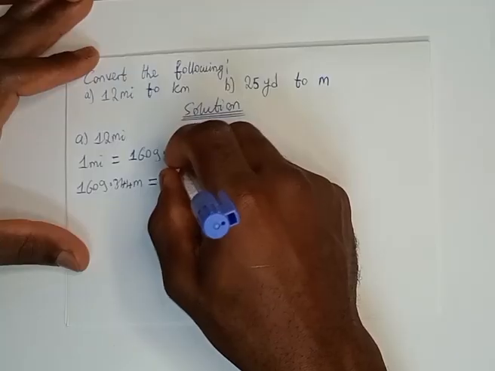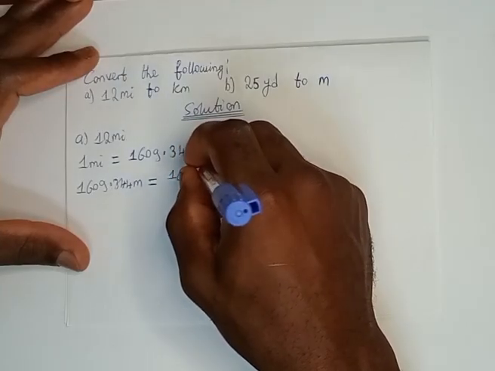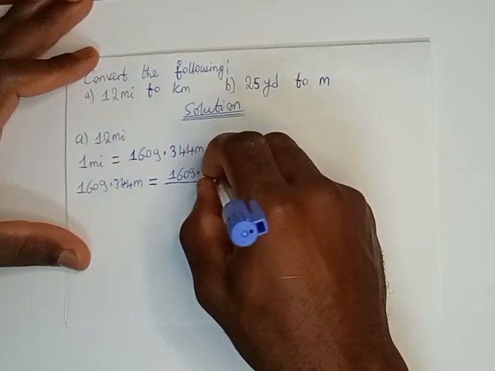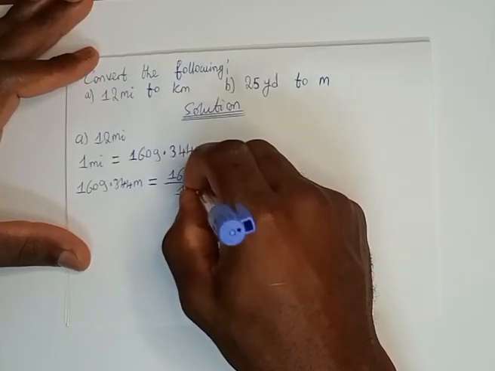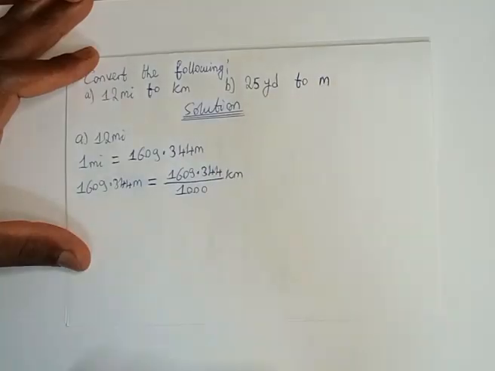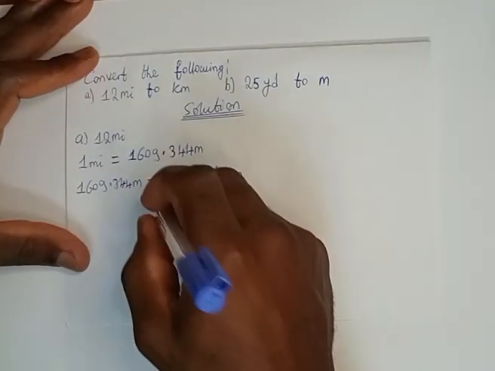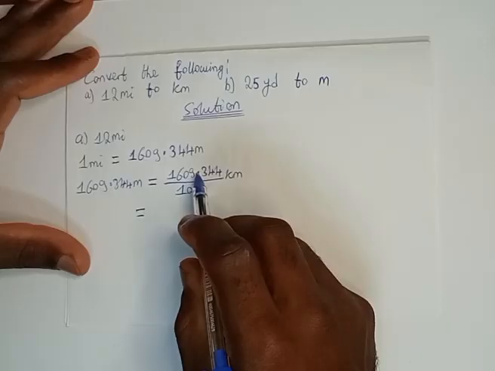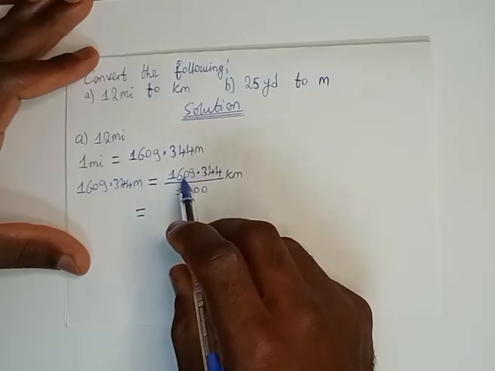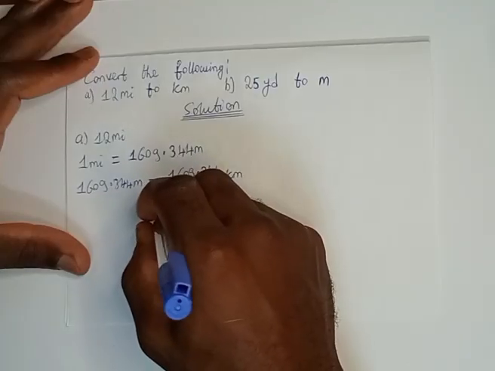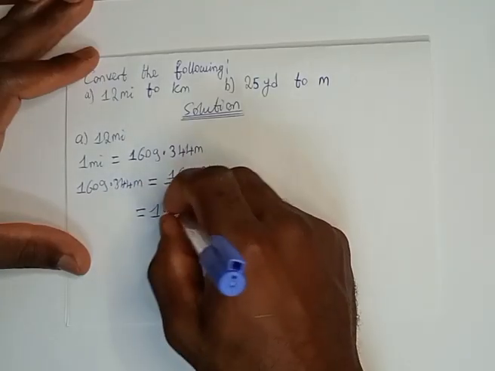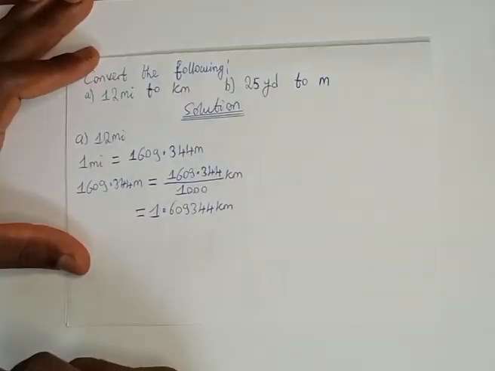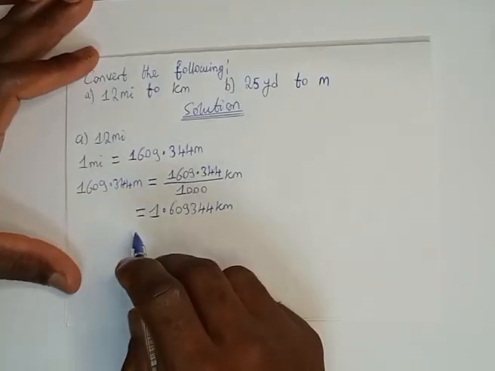This will give 1,609.344, then we divide this by 1,000, and the unit will be kilometers. So this will be equal to, dividing this number by 1,000, we have to take this decimal point 1, 2, 3 places to the left. It gives us 1.609344 kilometers.